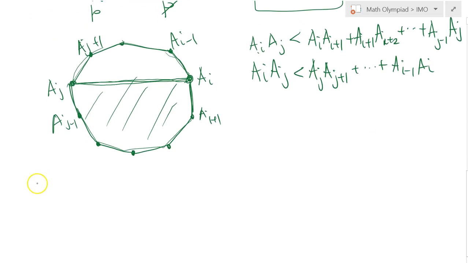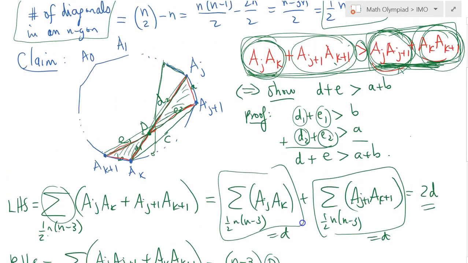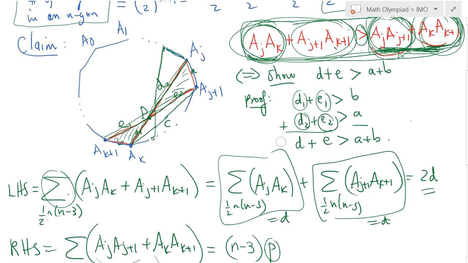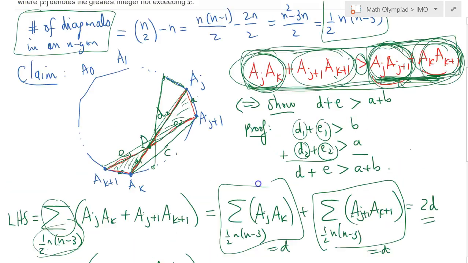The first case of the casework is if n is odd. What we will do is, like in the first inequality, once we had the critical inequality claim proven, we summed over all potential diagonals, whose number we calculated.